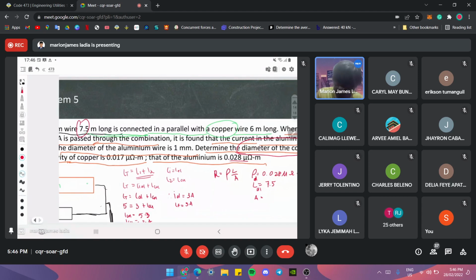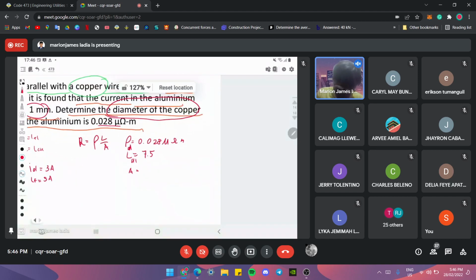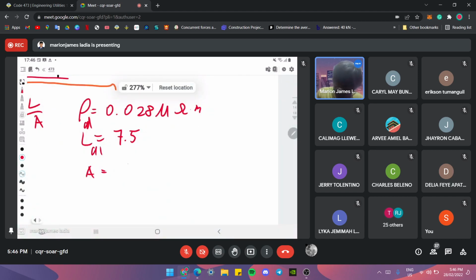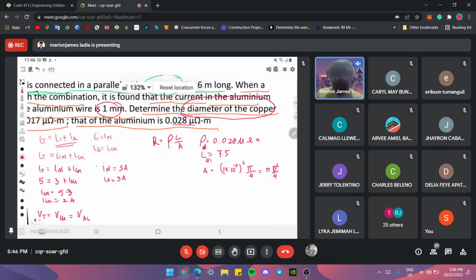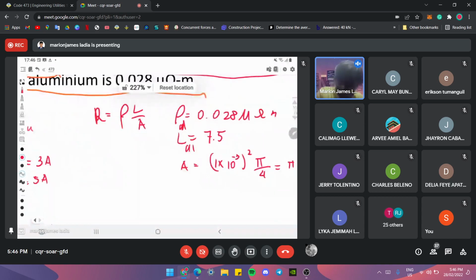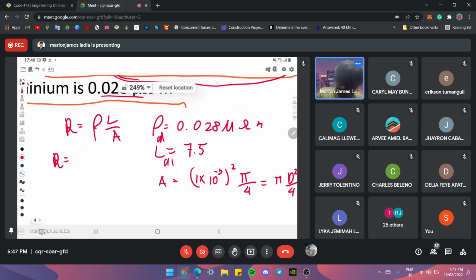May diameter, 1 millimeter. So, diameter yung given, so we'll have a value equal to 1 multiplied by 10 raised to negative 3 squared, multiplied by pi over 4, from pi d squared all over 4. Okay? So, pwede natin makuha yung R, di ba? So, from that, my R is equal to rho L over A.